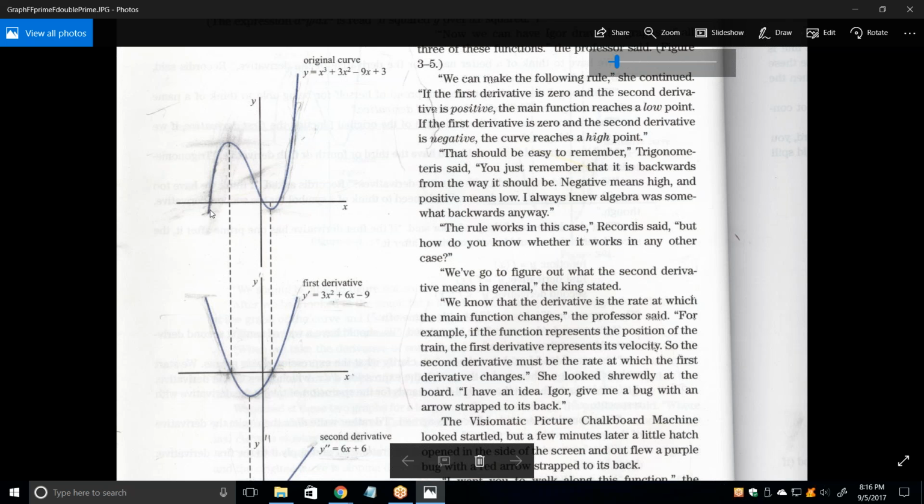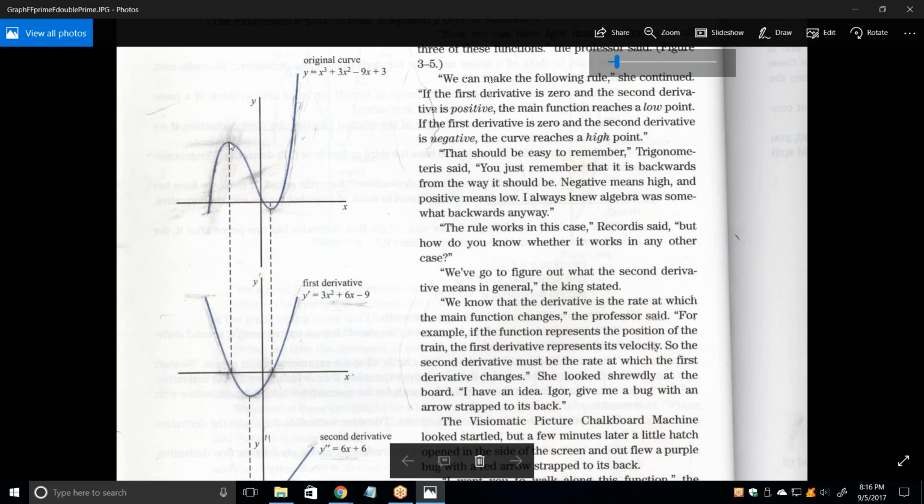Well, the first derivative is in positive territory from there to there. It's not increasing, but it's in positive territory, right?